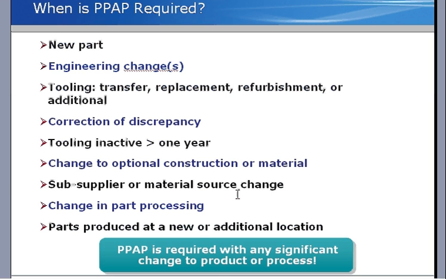In general, PPAP exists because some companies do not fully trust the production line.